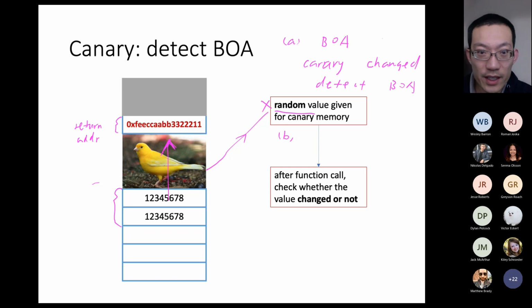The other case is we don't have a buffer overflow attack, no attack. What would happen? The original value stays the same. We check the original value and find no change, and then we can mostly say it is safe, there's no buffer overflow attack.